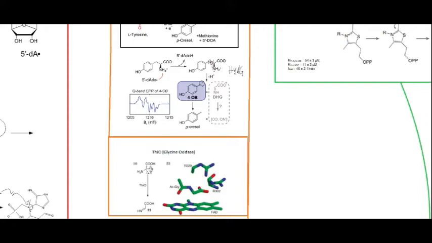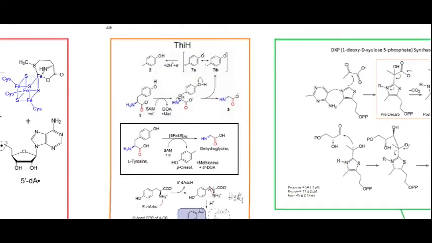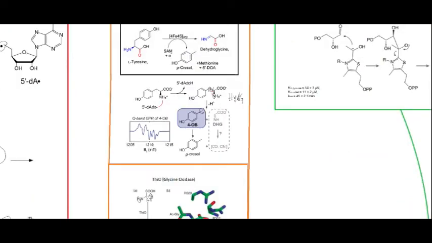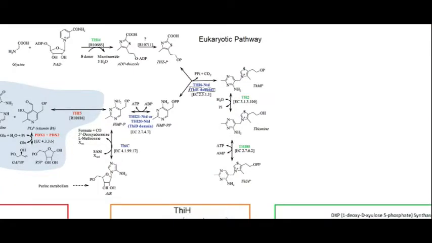One of them will be removed and one from the nitrogen will be removed. The electrons are going to form that double bond to generate dehydroglycine. So we're removing hydrogens. That's why it's called dehydroglycine. And so that is the two ways we can end up with our dehydroglycine: through this tyrosine or this glycine mechanism here.